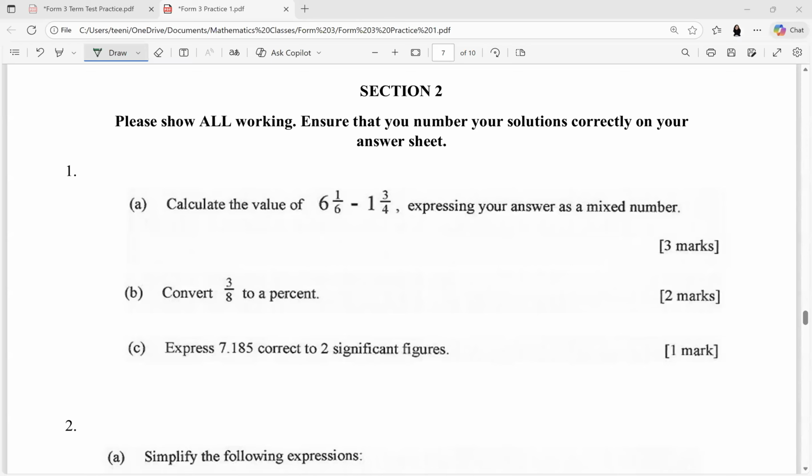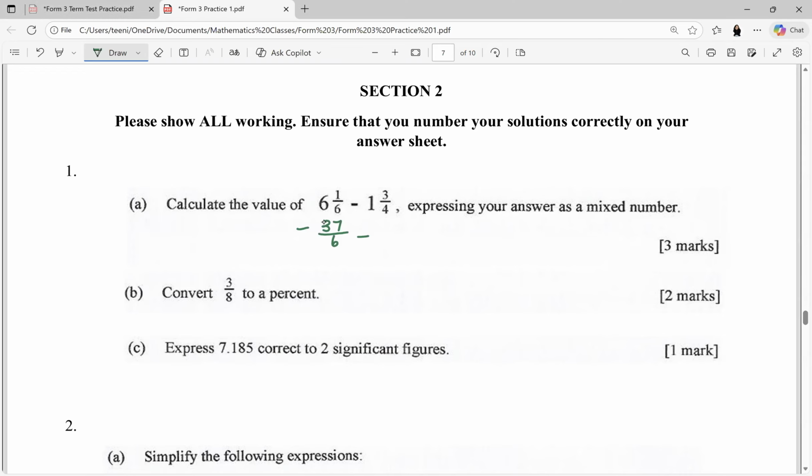So for me, whenever I'm working out questions like this with mixed numbers, I prefer to change them to improper fractions and then subtract. So I'll change 6 and 1/6 to an improper fraction. 6 times 6 is 36 plus 1, which will be 37 over 6.